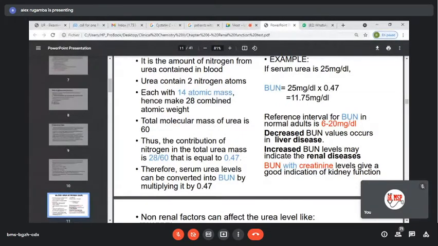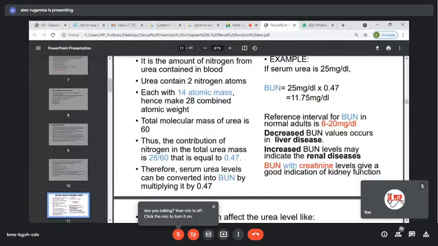So this is the contribution of blood urea nitrogen in urea. If you have, for example, 25 milligram per deciliter of urea, and we ask you to calculate blood urea nitrogen, you just multiply by 0.47. I hope you understand this formula, because I may ask you to calculate blood urea nitrogen.